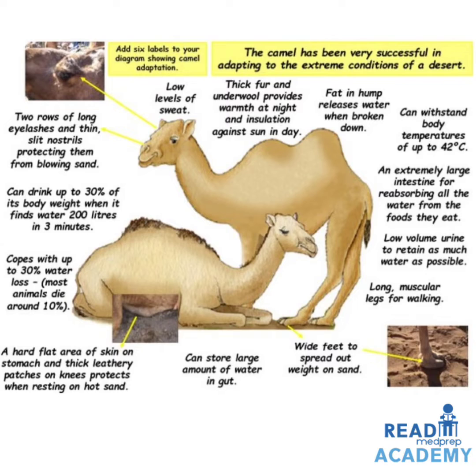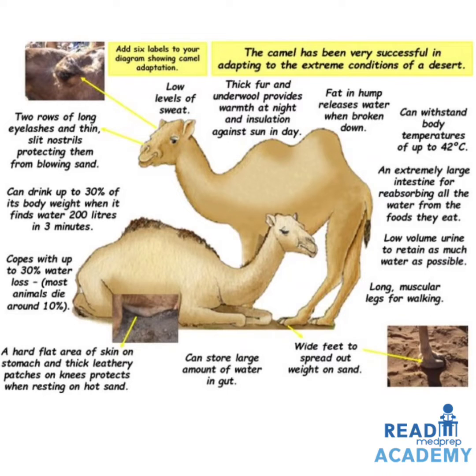An extremely large intestine for reabsorbing all the water from the foods they eat. Low volume urine to retain as much water as possible. Long muscular legs for walking. Wide feet to spread out weight on the sand. Can store large amounts of water in the gut.